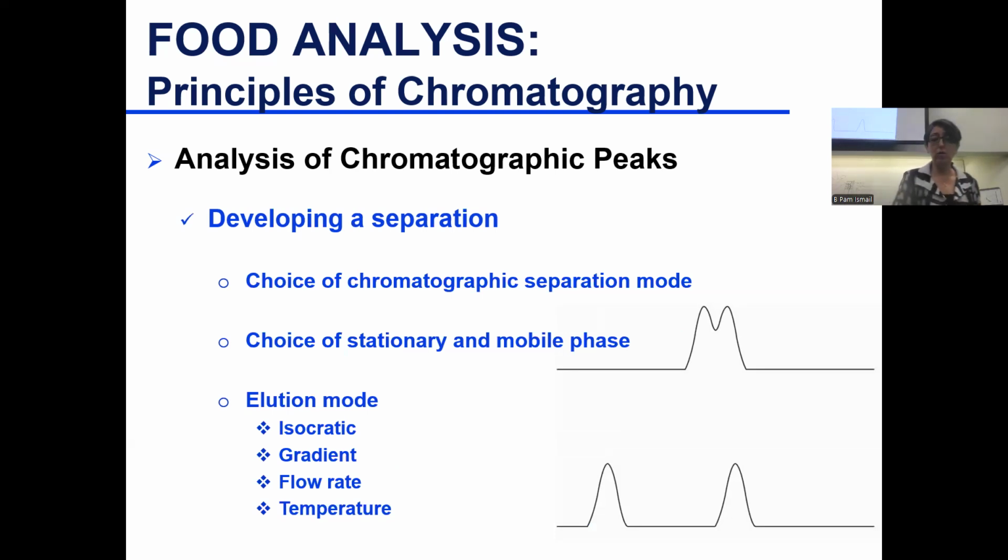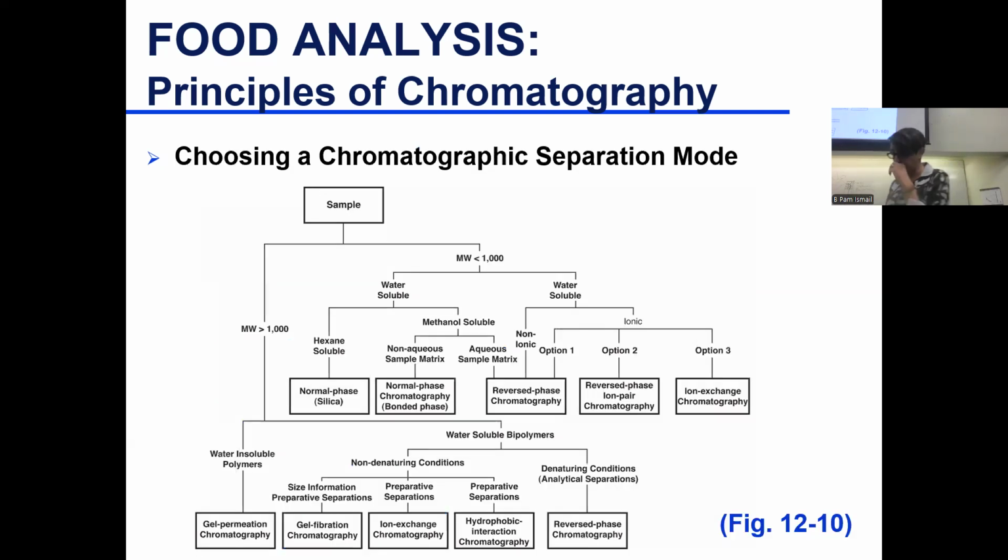So, choice of a chromatographic separation. You might find, this is a figure in your chapter, you might find 3 articles. Let's say you're looking to separate molecules that have charge. You might find 3 different options. One used reverse phase, one used reverse phase ion pair. We'll talk about that in the HPLC chapter.